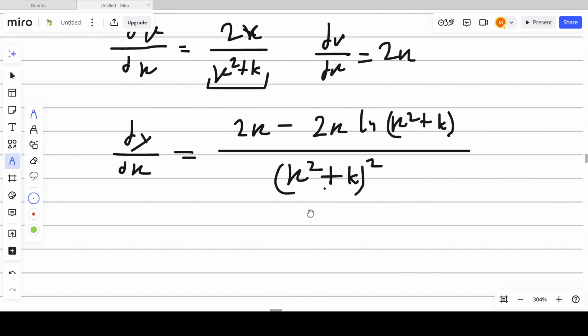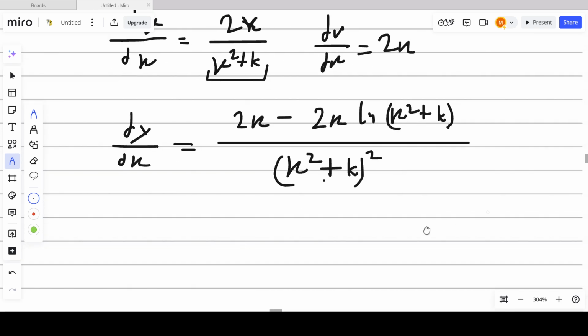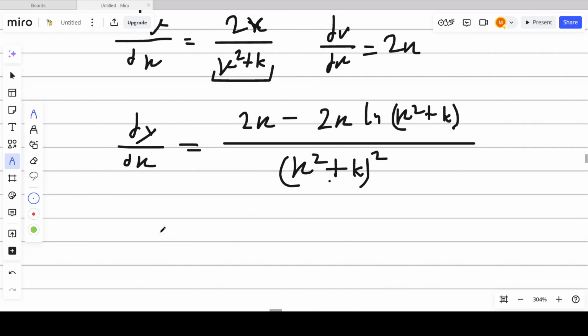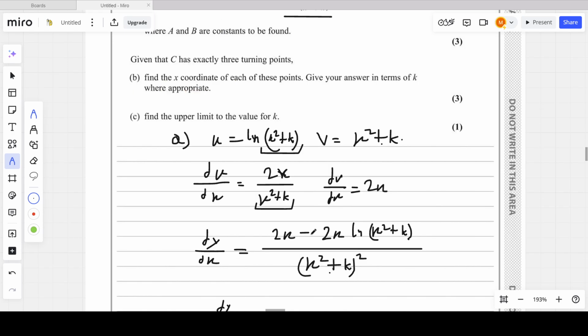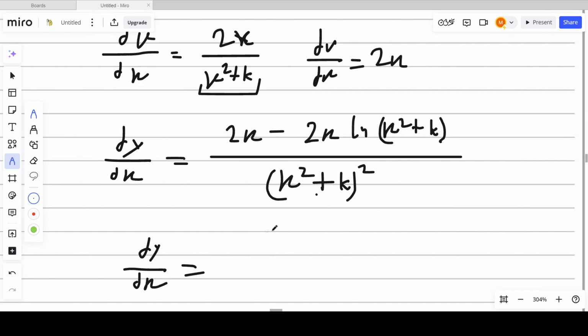Now we need to take twice of x as common from the numerator. We got the denominator as they wanted, so we are done with the denominator. We just need to simplify the numerator, so we take twice of x common.